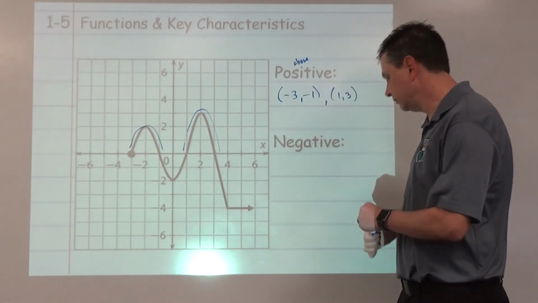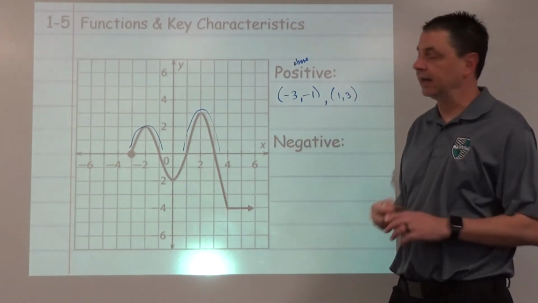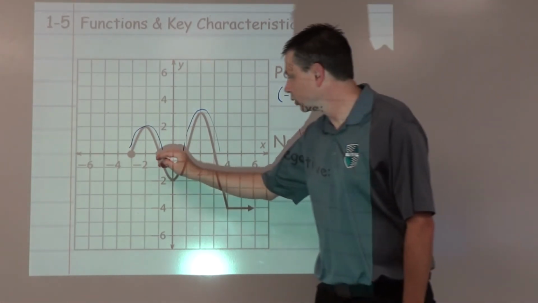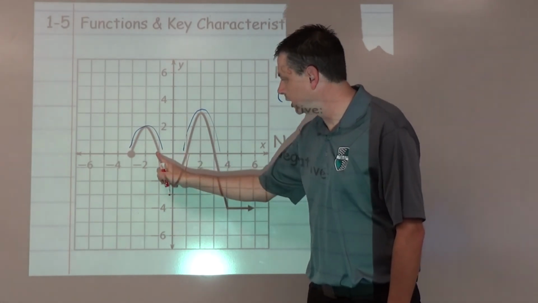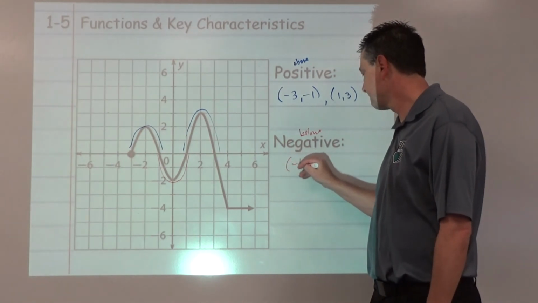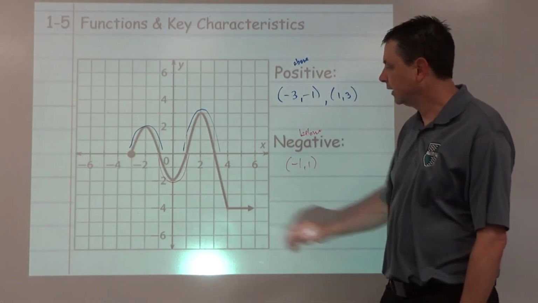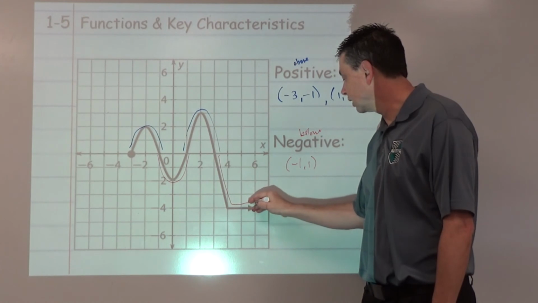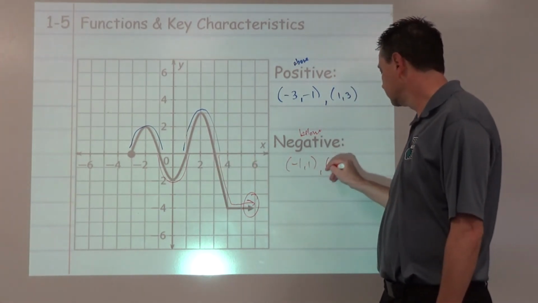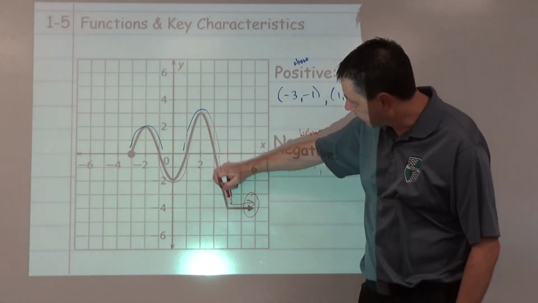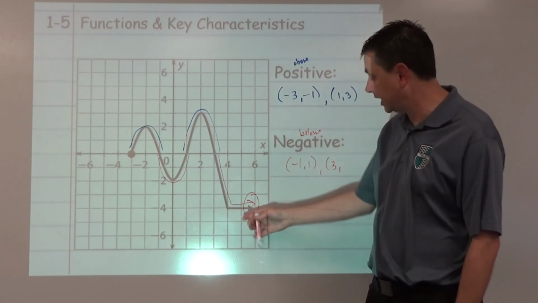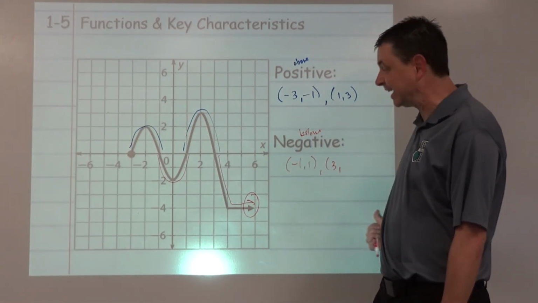All right, negative, where are we below the x-axis? Below right here, from -1 to +1. And then we're below here as well, starting at 3, and then, well, the whole thing is below, and it is going to positive infinity, the arrow suggests, and it's going to be below the entire way.